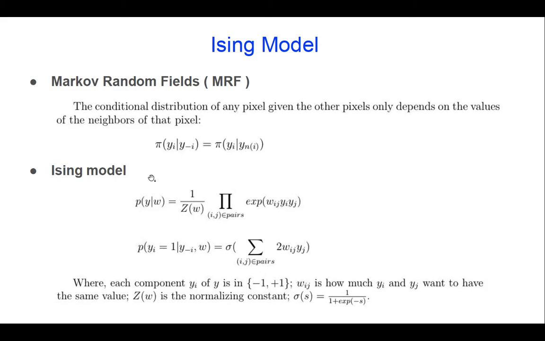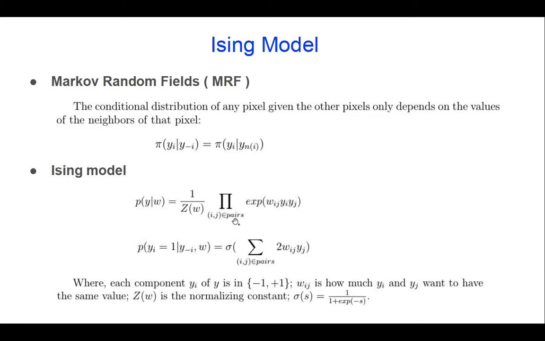So let's talk about the Ising model. This is the representation of the Ising model. The y here is the pixel value of all the pixels. The pixel value can be either -1 or +1. The w here is the interaction term, which represents the interaction between 2 adjacent pixels.